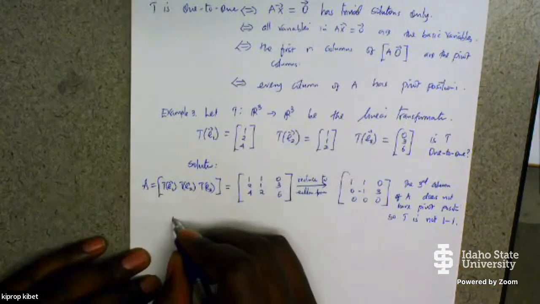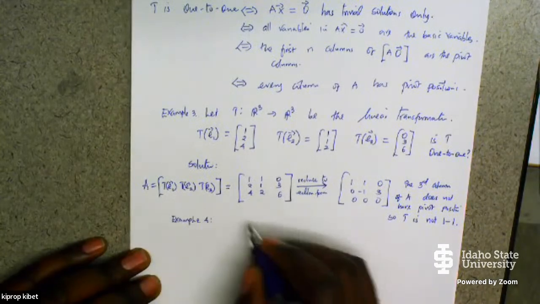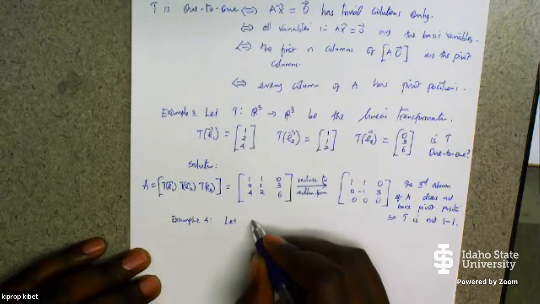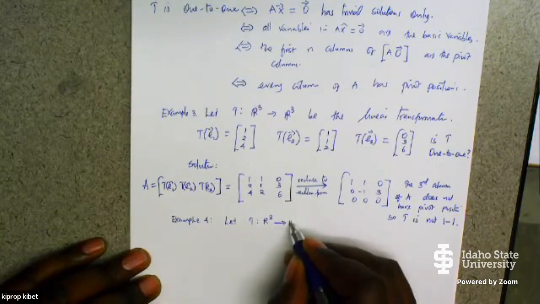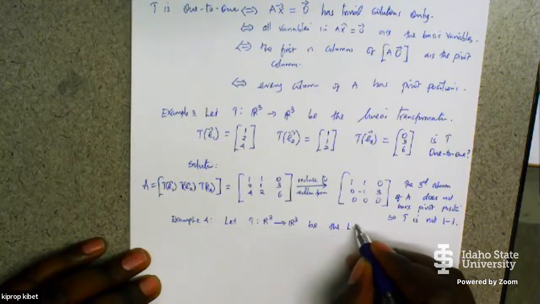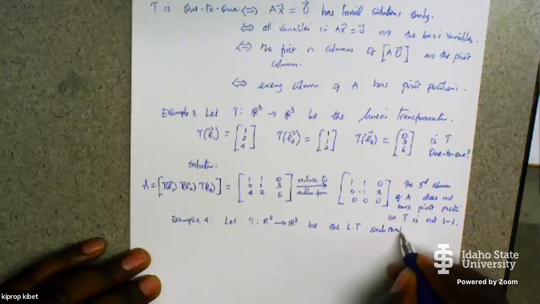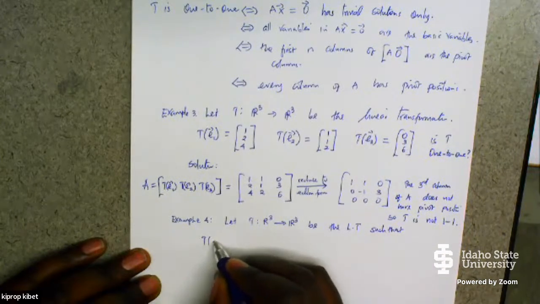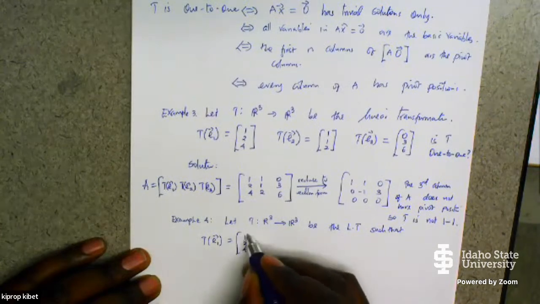Example number 4. We let T from R3 all the way to R3 be the linear transformation such that T of E1 equals 1, 2, 4.